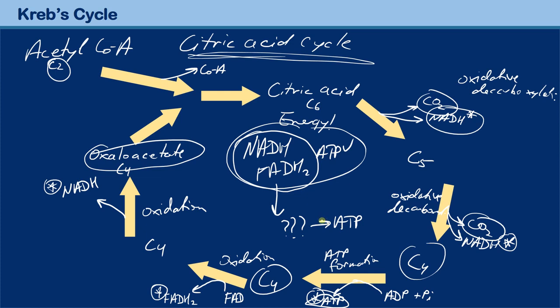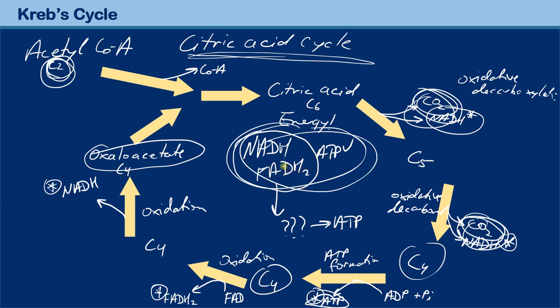Okay, so to summarize this, in the citric acid cycle, we're completely oxidizing all organic substances. So there is no carbon left anymore, and the CO2 that we've added over here, we get out over here, and the energy which was stored, we got out in the NADH, FADH2, and in the ATP.